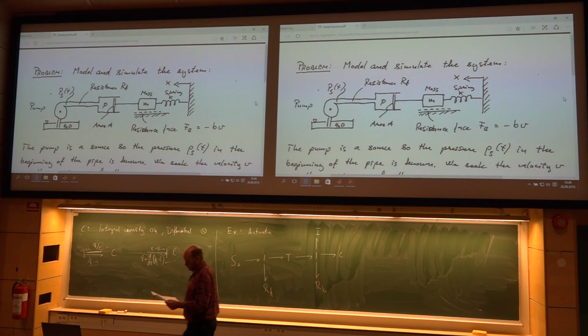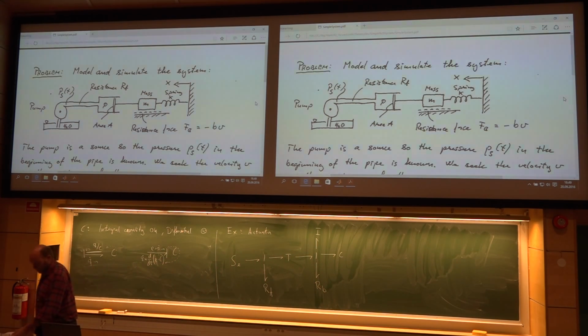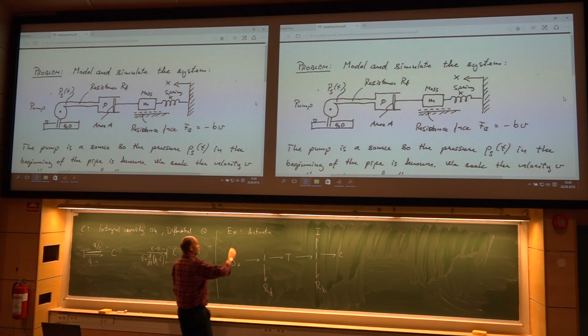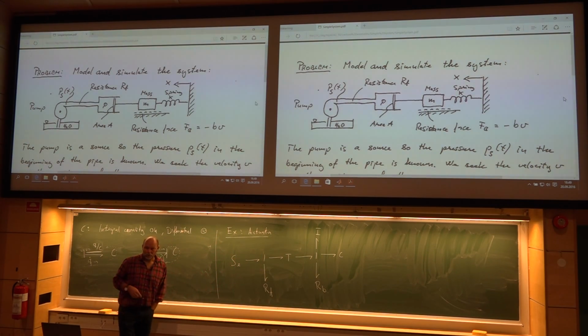There we are. Now find the state equation. That is the job. Find the state equation.